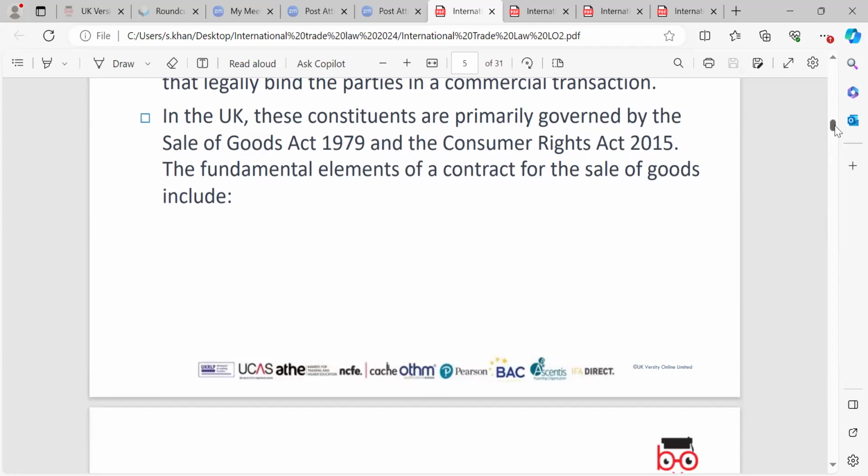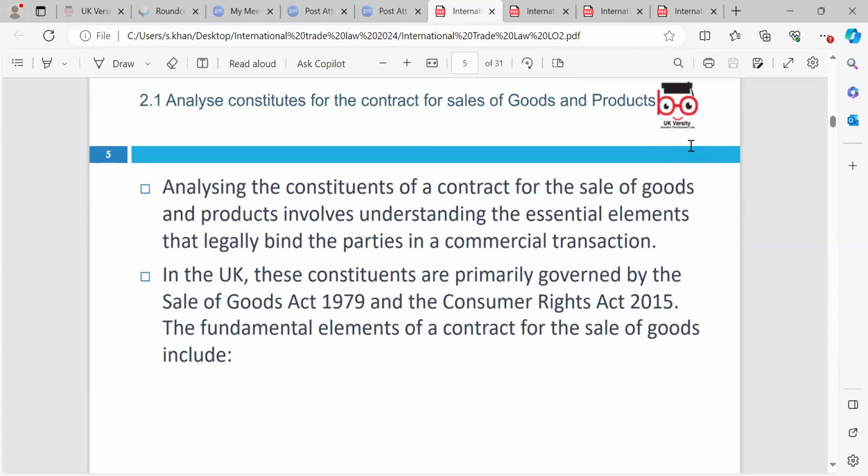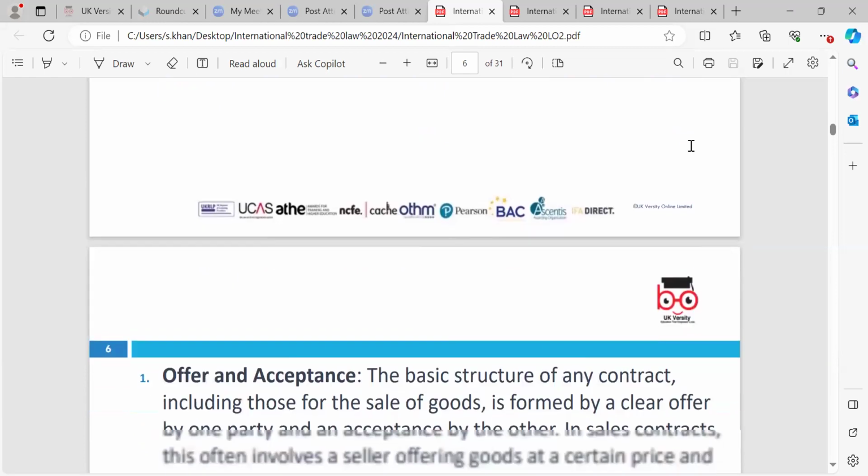So 2.1, which was looking at analysing the constituents of the contract for sale of goods or products. We looked at the Sale of Goods Act 1979 and the Consumer Rights Act 2015, and the fundamental elements of a contract for the sale of goods.